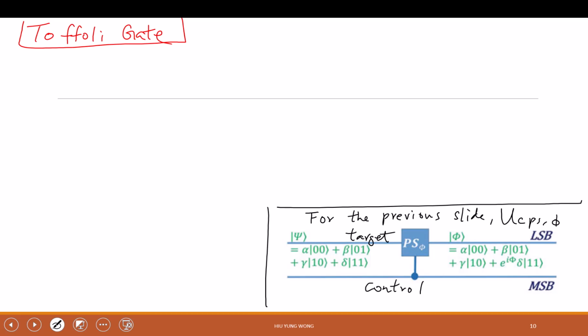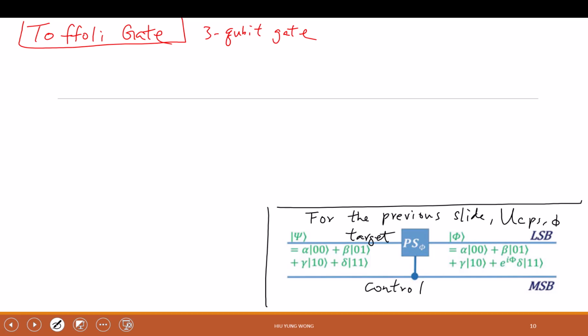Okay, so it's a 3 qubit gate. And again, how do we define a gate? Whenever you invent something, right? How do you define a quantum gate? A matrix, yes, that's great.